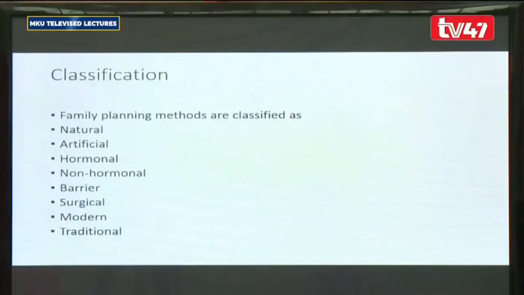The first thing is classification. When you are to describe a certain method, the first thing is which class this method of family planning belongs to. The family planning methods are classified either as natural family planning, artificial family planning, hormonal contraceptive, non-hormonal contraceptive, barrier method, surgical method, modern method, or traditional method.